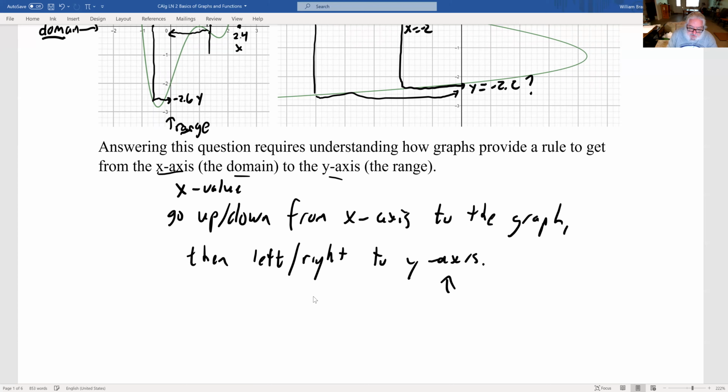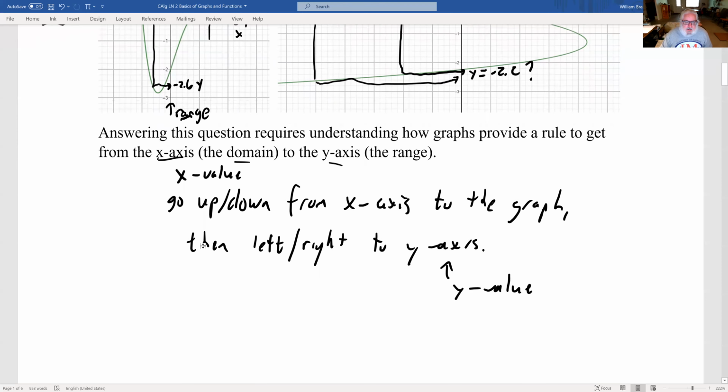You do this procedure, and then you end up with a y value from an x value. Okay, so that's how graphs give you a rule for getting from the x-axis to the y-axis.